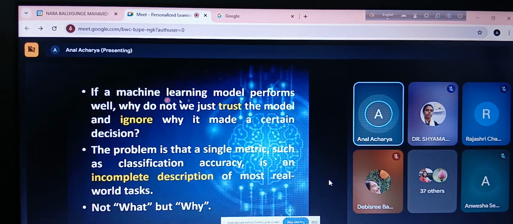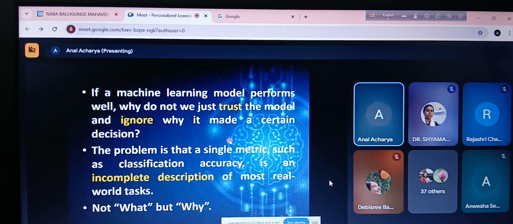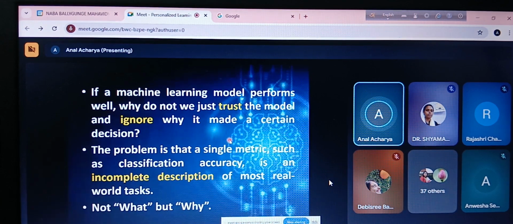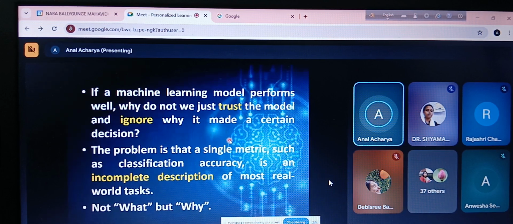If the machine learning model performs well, why do we not just trust the model and ignore why it makes a certain decision? Maybe we assume that the model will give us the correct result. So if we know that the model will make a correct result, then what is the need of explanation?